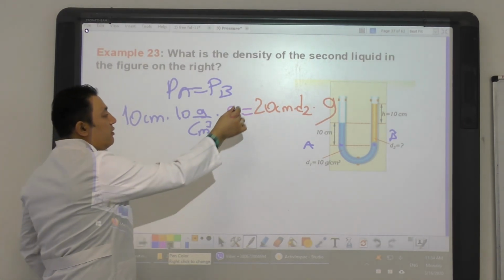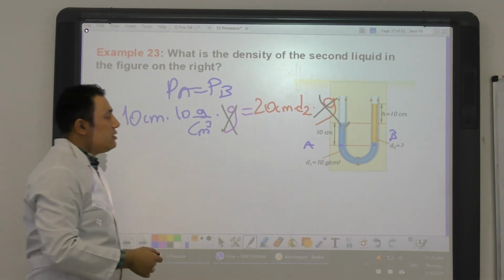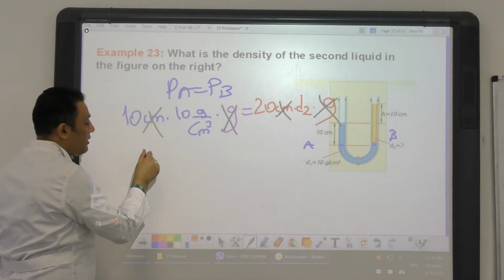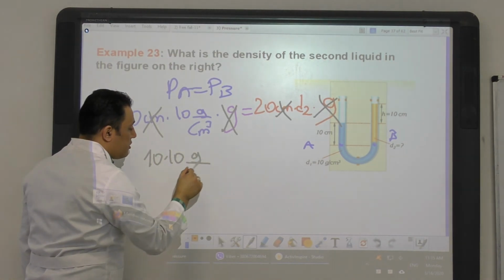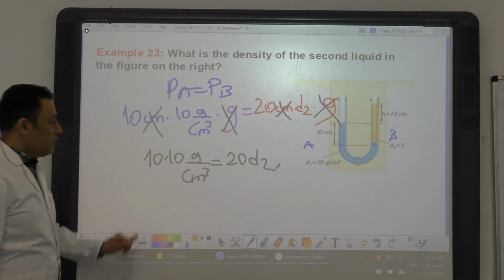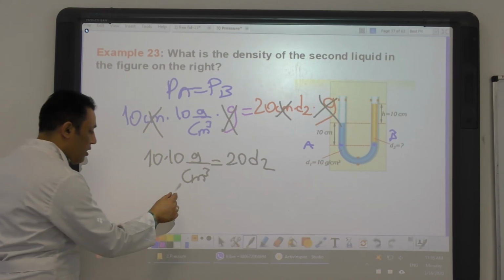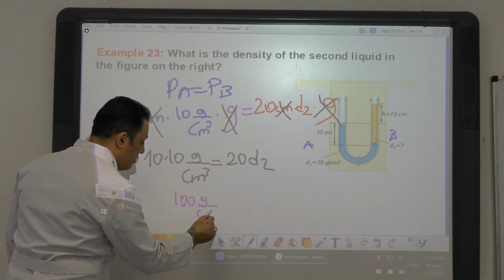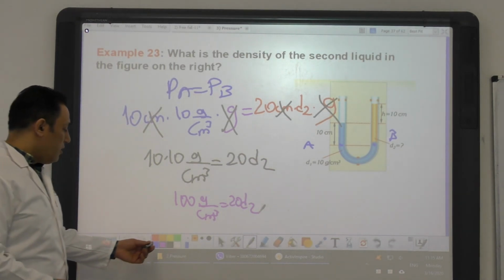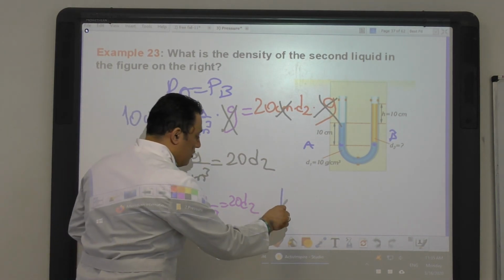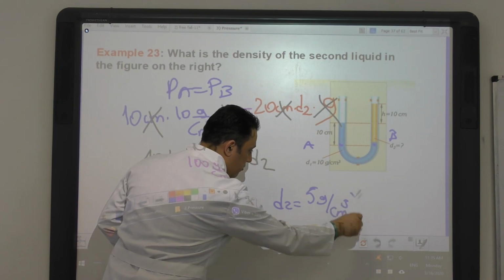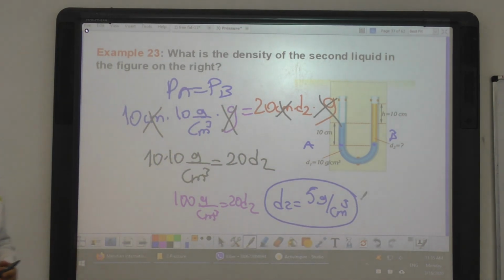As you see, the g's are the same in both equations, so I can simplify them, and centimeters will also be simplified, leaving 10 multiplied by 10 gram per centimeter cube equal to 20 D2. 10 multiplied by 10 is equal to 100 gram per centimeter cube, which is equal to 20 times the density of the second liquid. From this equation, the density of the second liquid will be equal to 5 gram per centimeter cube.